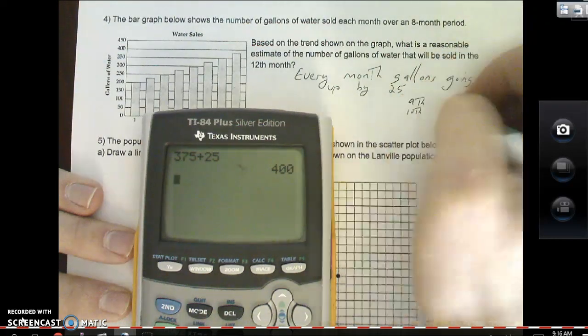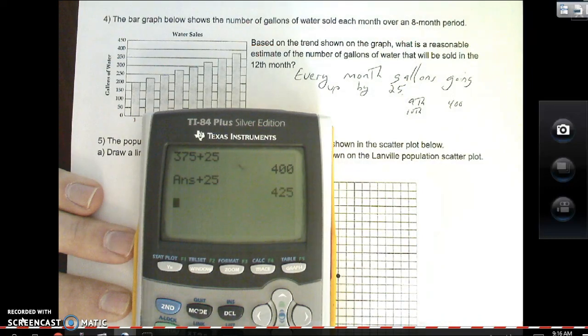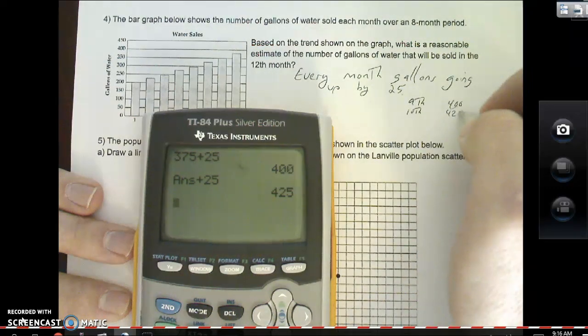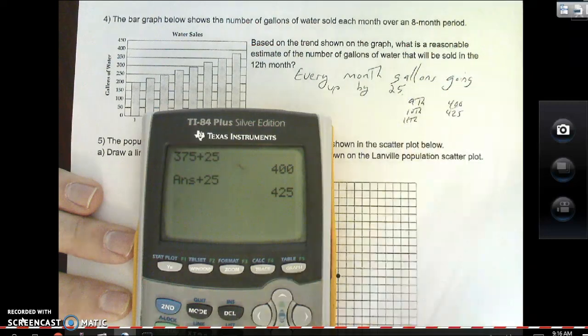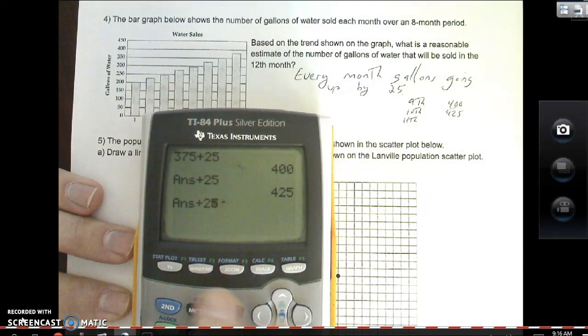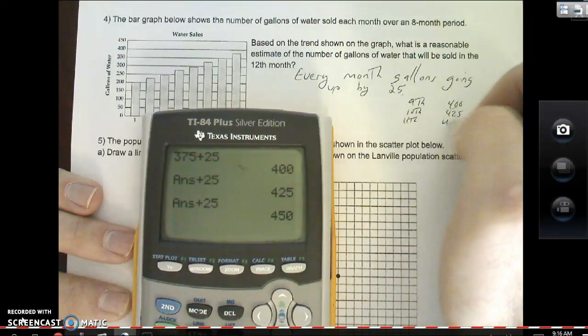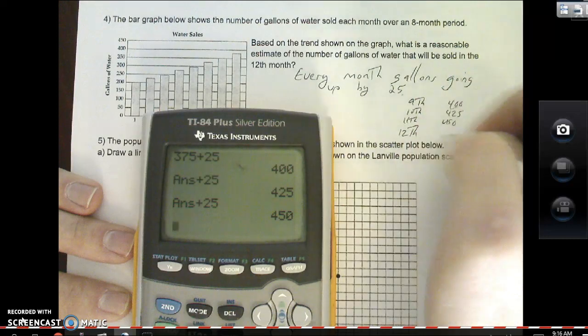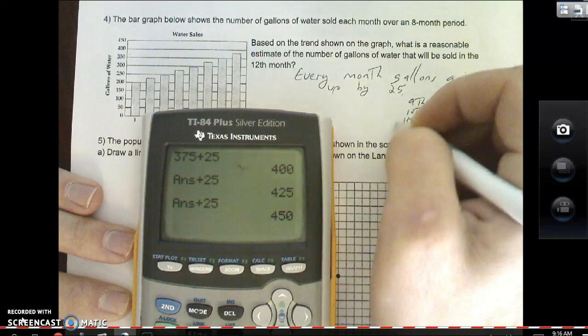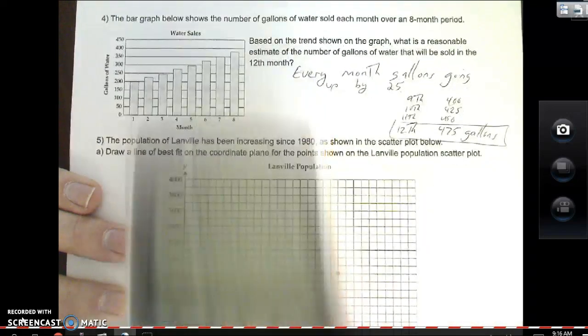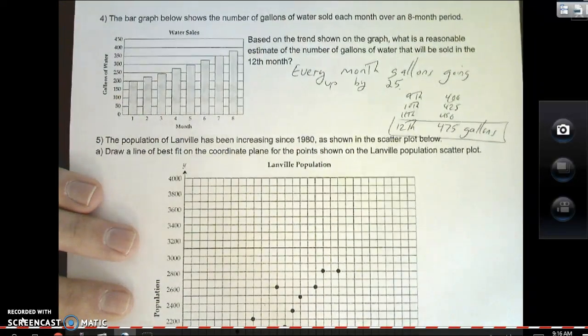The 10th, 425. The 11th, I think you guys get it, I don't need to keep doing plus 25, but good for you to see it. 450. And the 12th month would be 475 gallons. Right? Again, make it simple on yourself. Wonderful.